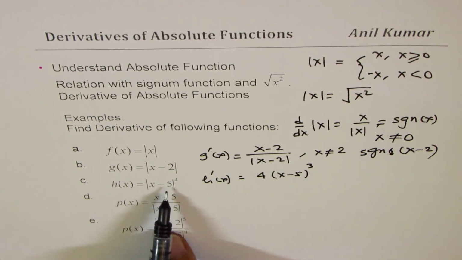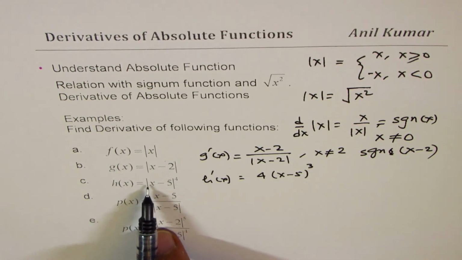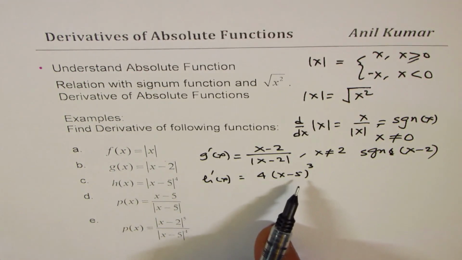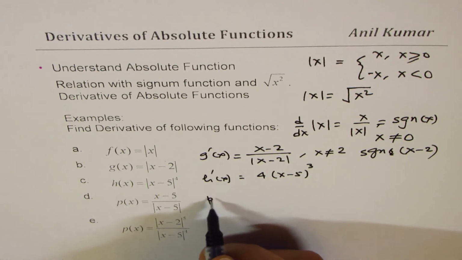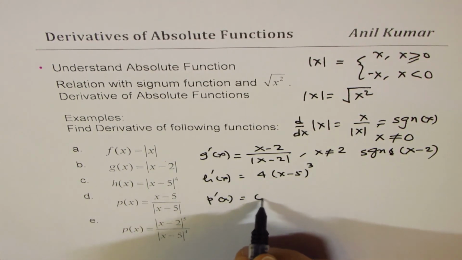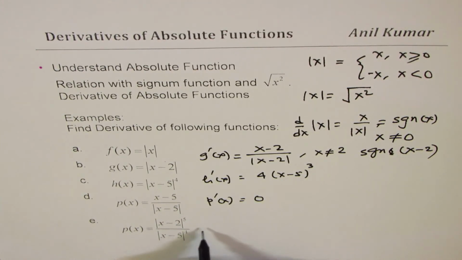Since absolute value of x minus 5 to the power 4 is (x minus 5) to the power of 4. And this was very interesting as we found that derivative to be 0.